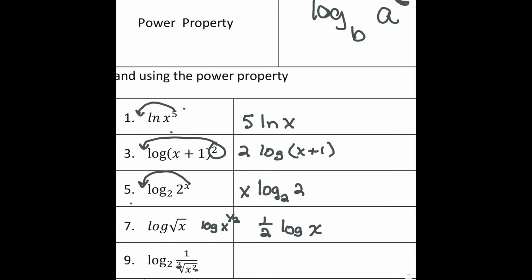But I don't want it in the denominator, so I will write that as log base 2 of x to the negative 2/3. Then this negative 2/3 is going to drop, and we have negative 2/3 log base 2 of x.